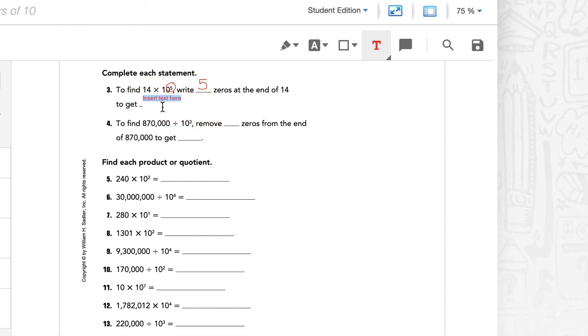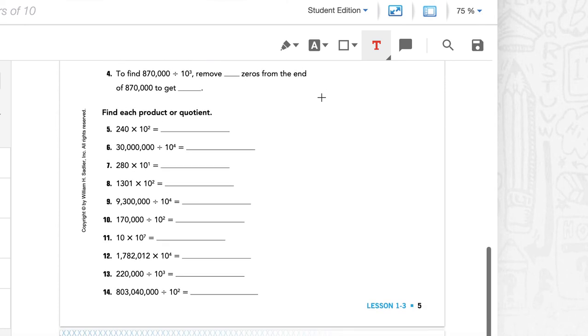Let's type it there. 14 and then 0, 0, 0, 0, 0. I'm going to put some placeholder commas in there to make it a little easier for me to read. How's that look? 1,400,000.